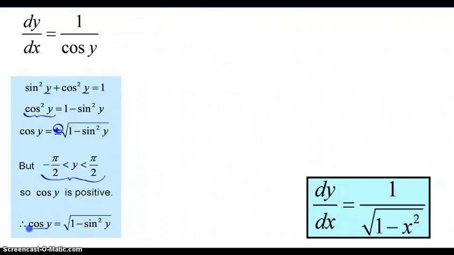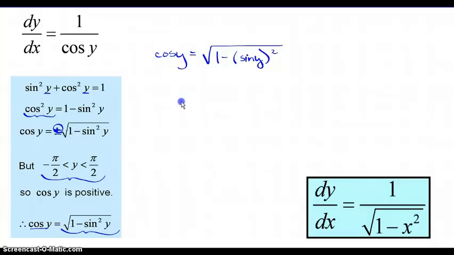So it has to be true that the cosine of y is the square root of 1 minus sine of y squared. Let's get that written down. I just wanted you to see where all of this came from so you will understand what's going on here. If you'll remember, we started with y equals the sine inverse of x, so it had to be true that x must equal the sine of y.